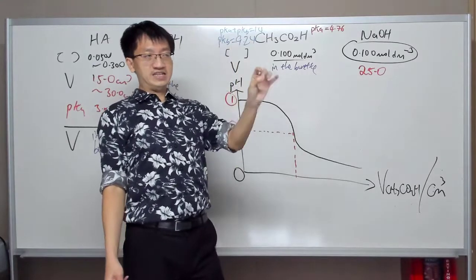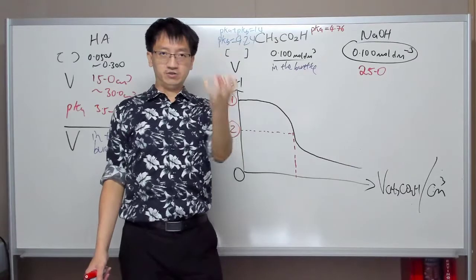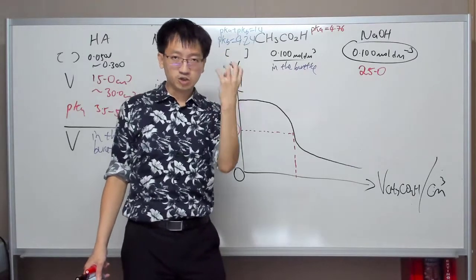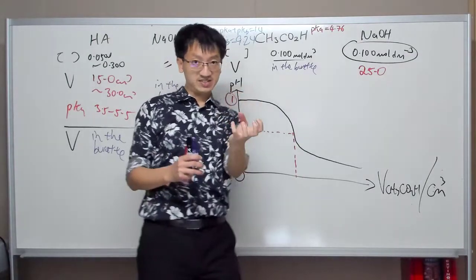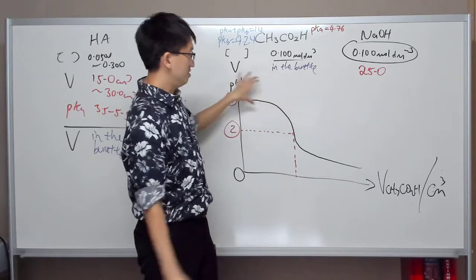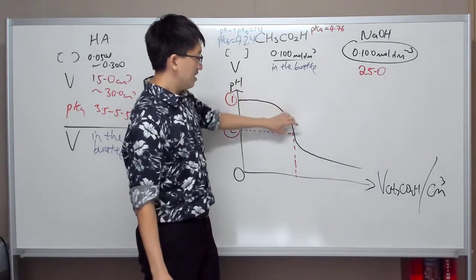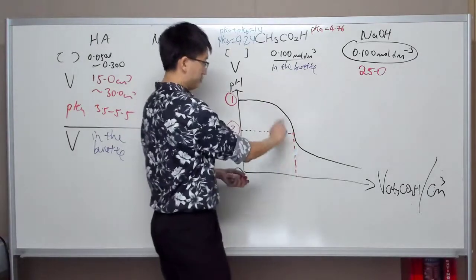So when you add your ethanoic acid in, immediately your ethanoic acid will become ethanoate. So there is no accumulation of ethanoic acid. If there is no accumulation of ethanoic acid, there will not be a buffer. So all the ethanoic acid will have been reacted. The buffer will only begin after the equivalence point.